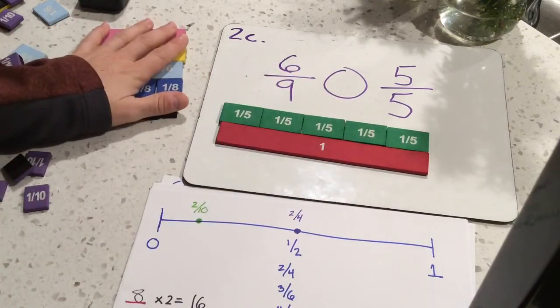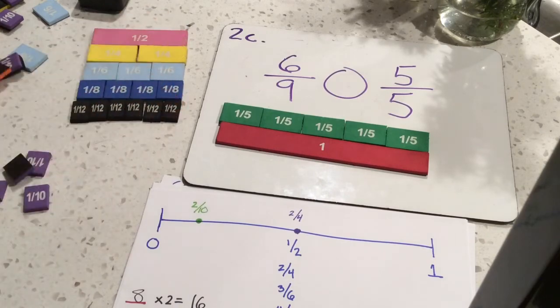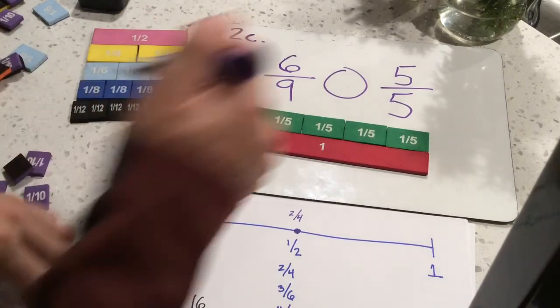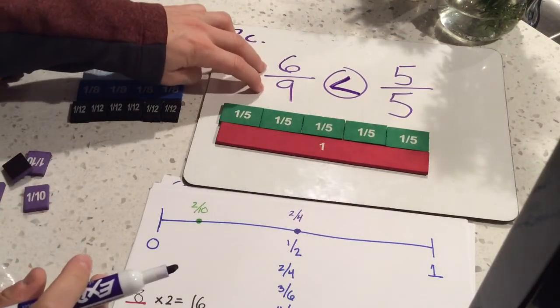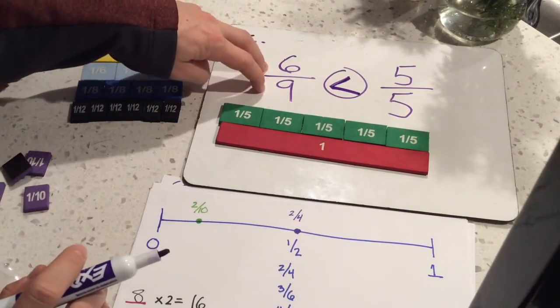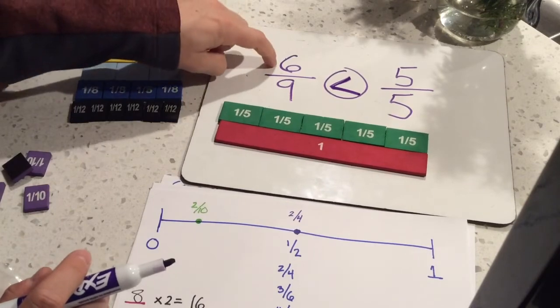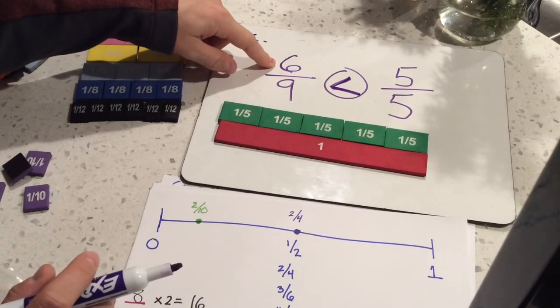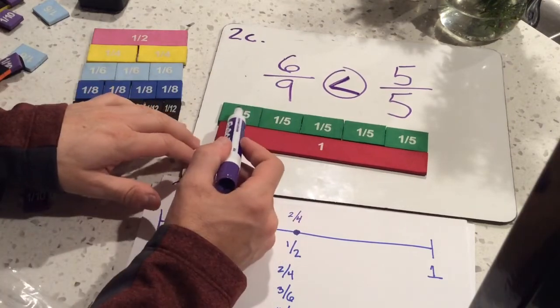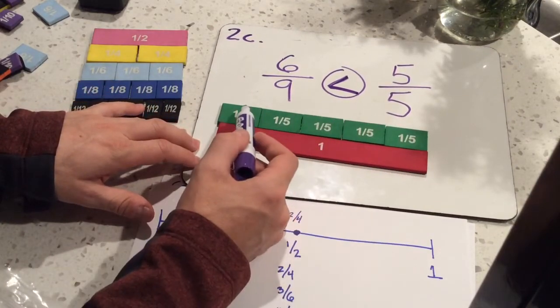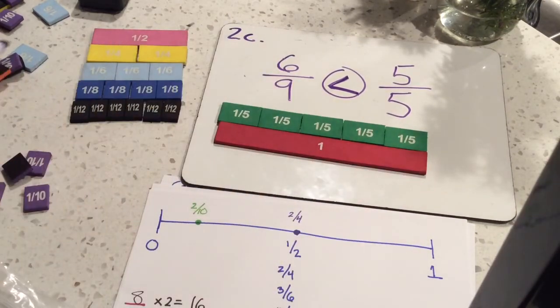So I don't have fraction strips that are split into ninths, but I already know that 5/5 is greater, because this would have to be 9/9 to be equivalent. And because our numerator is less than 9, I know that 5/5 is the larger fraction because it is equivalent to 1 whole.